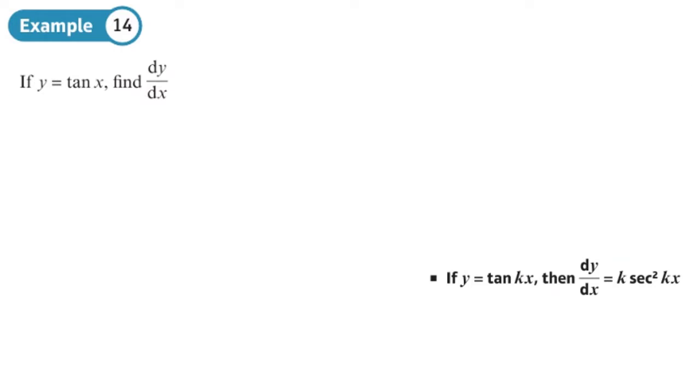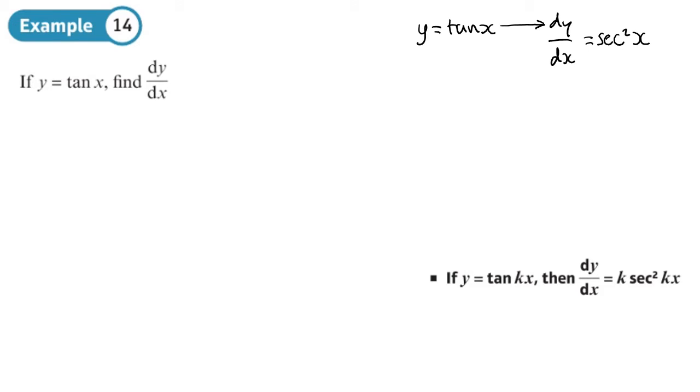use them. Now we know that if y is tan x, it becomes sec squared x when it's differentiated. That was one of the ones that we had at the start, but what we're going to do is we're going to prove it. The purpose of this question is proving that that's the case.